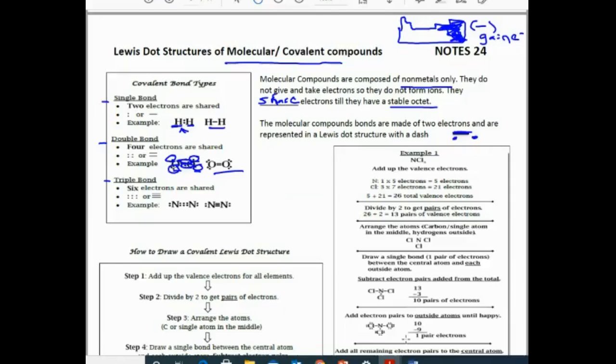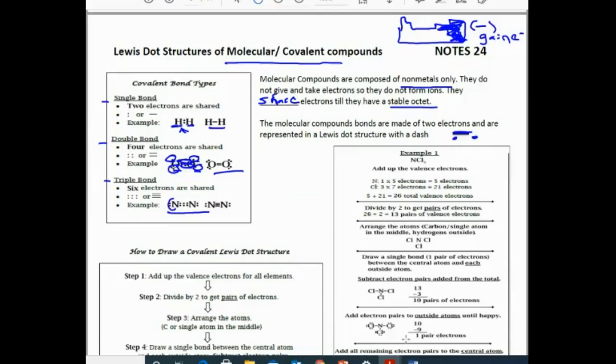And then there's a triple bond that is not used that much, but sometimes it's still needed to make it stable. In this case, when these nitrogens bonded together, both nitrogens only have 5 electrons on the outside. They're in the 5th column, so we have 5 valence electrons. They only have 5 that they could possibly share.